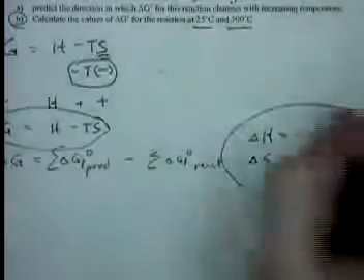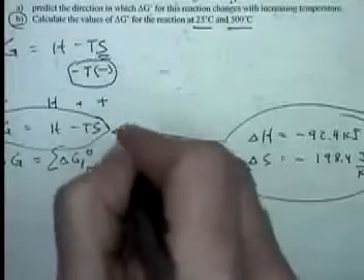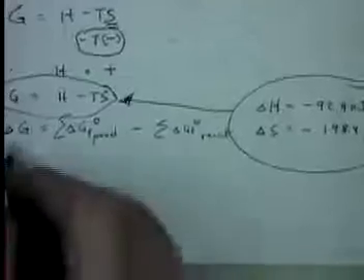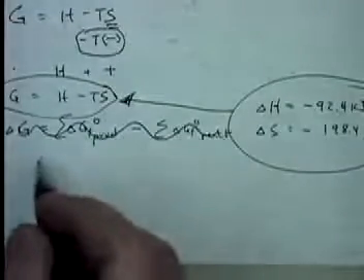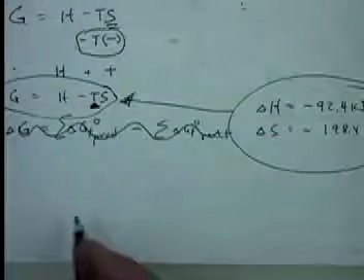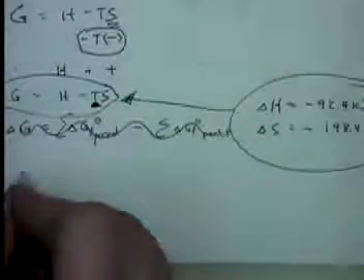So let's take these two values and put them into this equation right here, because then we can see how it varies with temperature. We won't be using this one right now, but we'll take a look at how this changes, first of all, when it's 25 Celsius, and then when it's 500 Celsius.